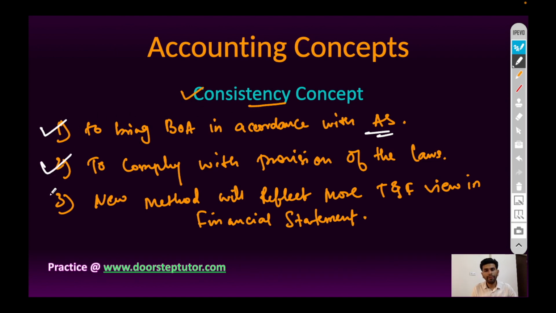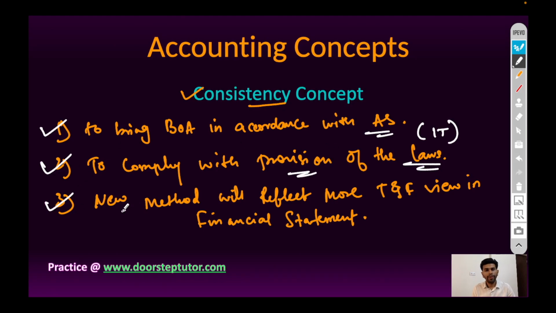Next, to comply with provision of the law. For example, the Income Tax Act states that some of the machineries are depreciated at reducing balance method and not at fixed installment method. So a business can apply that criteria into the business to comply with the provision of the law.